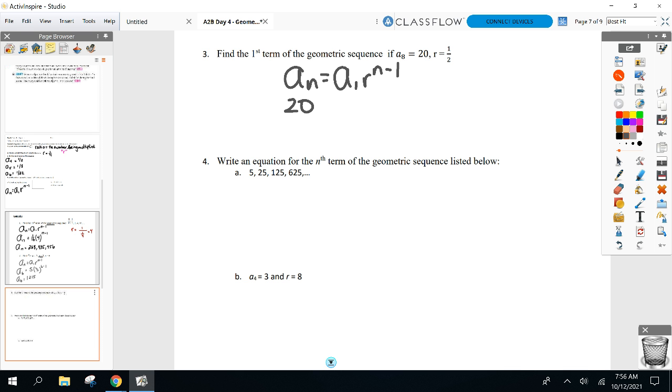That's not the first. Solving for A sub 1. R value, they already tell me, is 1/2. Now, are you ready? What do you think the n is, because it's not 20? It's that term's position in the sequence. 20 is the what term in the sequence? 8th term. 8 minus 1.